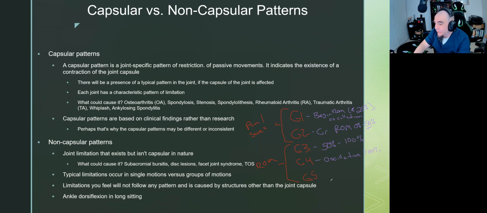And then grade 5 is also known either as a snap adjustment or a manipulation when you're talking about chiropractic, or in physical therapy, it's a thrust mob. We cannot in physical therapy use this term manipulation because manipulation is held by the chiropractic board.